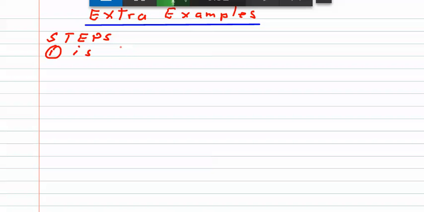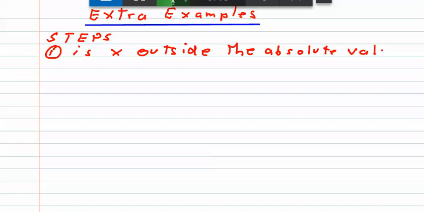Is x, by x I mean the variable, outside the absolute value? It either is or it is not. Yes, we check. No, no check.